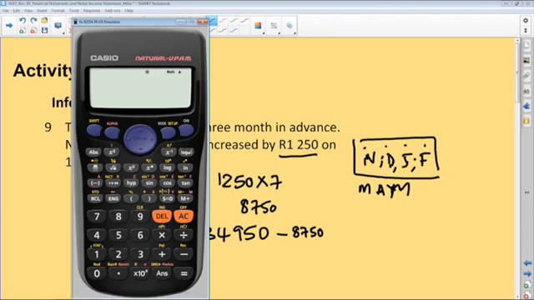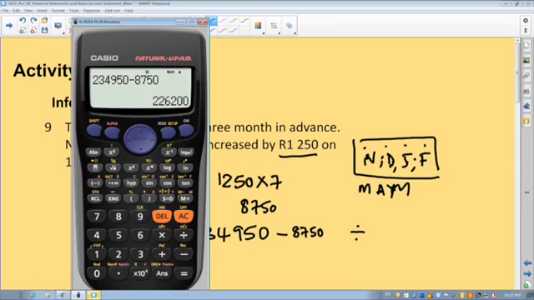So we say, fine, it's 234,950 minus your increase of 8,750, and this will be equal to that. Divide this figure that we get by 15. Why 15? 12 months of the financial year plus 3 months in advance. Therefore, divide that figure by 15.